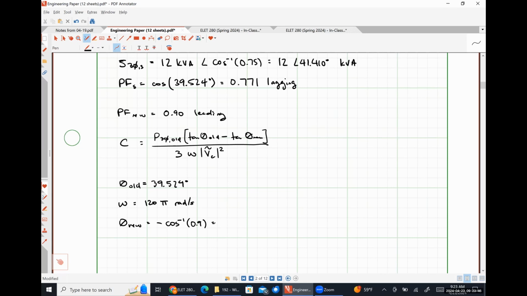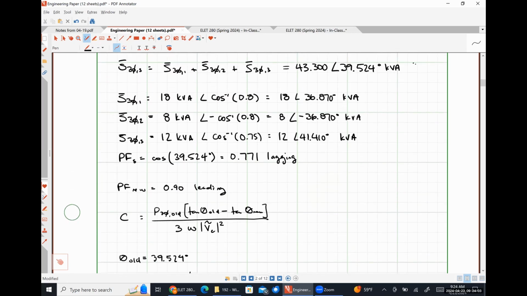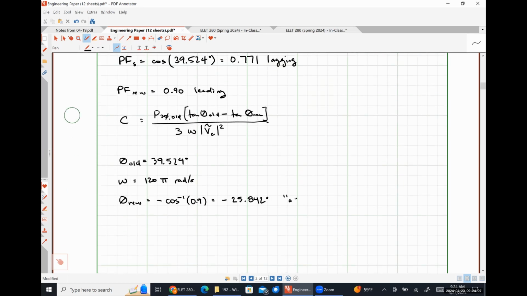Because it's leading, absolutely correct. I'm just making a note here that I have that in my calculator as A. And this is in my calculator as T, so that when it comes time to solve for things, I know what variables to use.